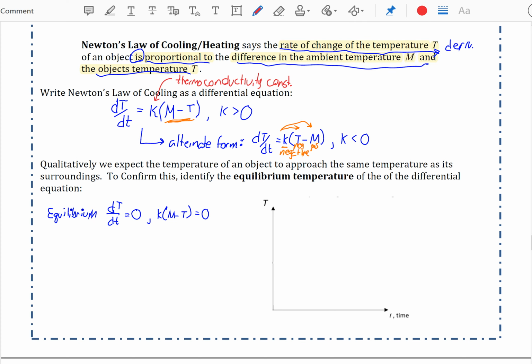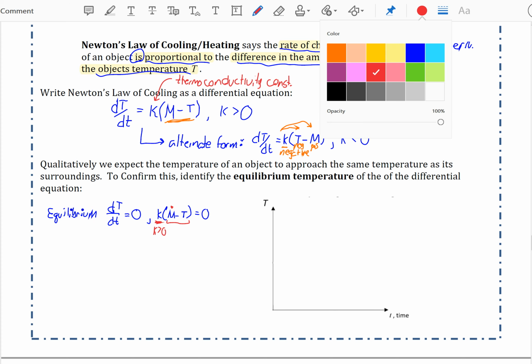Now recall, K, our thermal conductivity constant, is always greater than 0. So the only way this differential equation is going to equal 0 is if your second factor is equal to 0. Also recall that M is your room temperature. That's a constant.